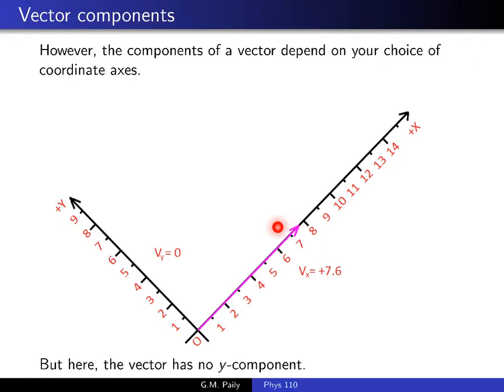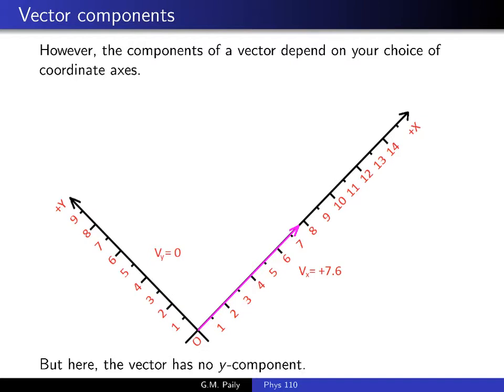This is now the same vector v, but I have now chosen my axes like this. In this situation, v_x is positive 7.6 and v_y is 0. There is no y component. You might say, well, this is a natural way of picking your coordinate axes, but in fact there is no natural way of picking the coordinate axis.